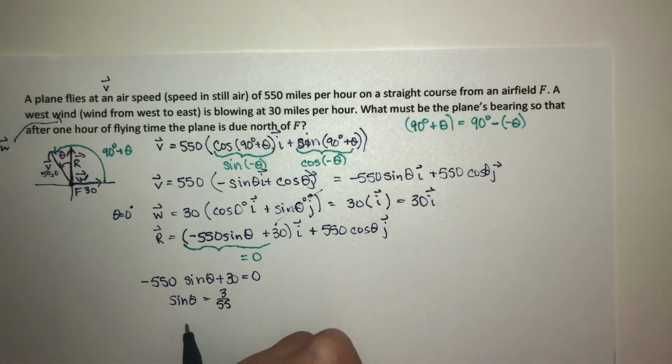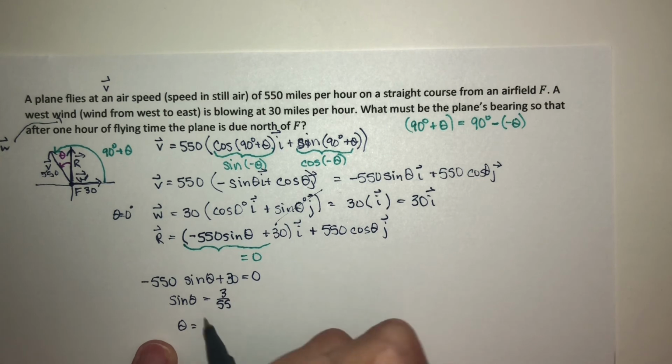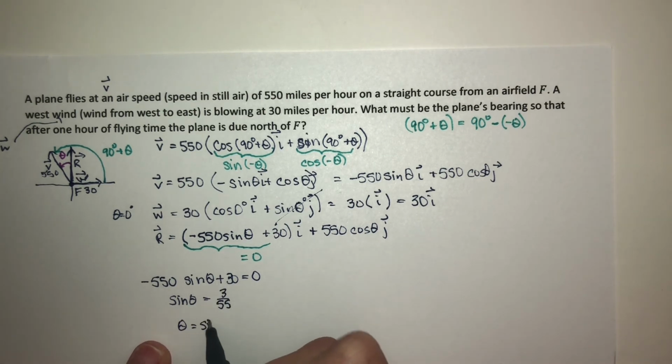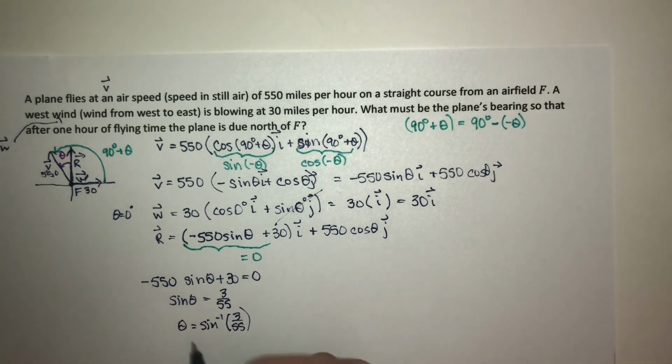So to find theta, it's going to be inverse sine of 3 over 55, which gives me approximately 3.1 degrees.